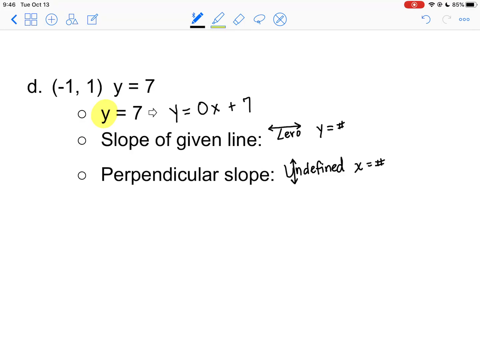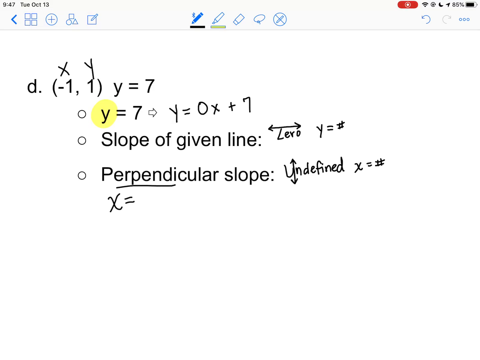So to be perpendicular to this y equals 7, I'm going to need an x equals line. But in order to get that x equals line, I need to look at this ordered pair that was given to me. In the ordered pair, the x value I was given was -1, and the y value was +1.